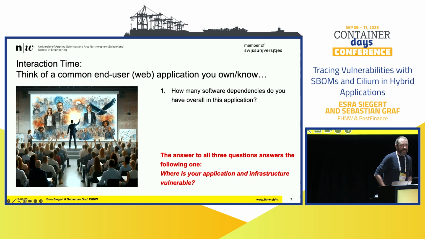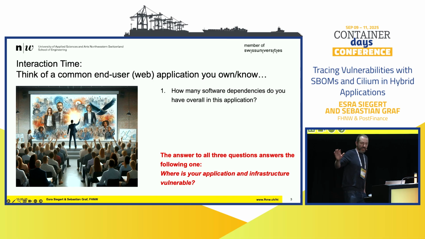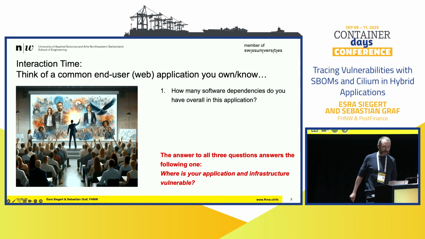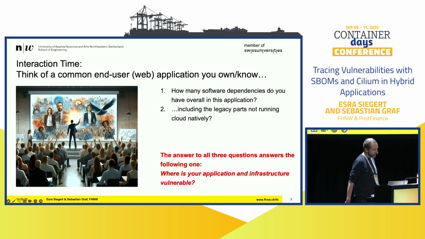And now a little interaction time. How many software dependencies do you have in your own application? Just as a side quest, if you are having Spring, Quarkus, or Reactor, it's about 200 to 300 dependencies with transitive dependencies.